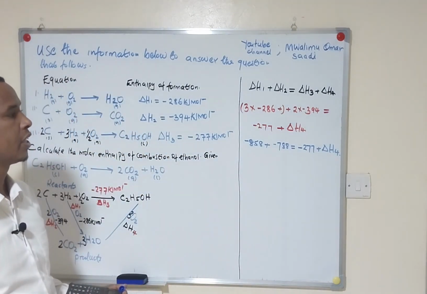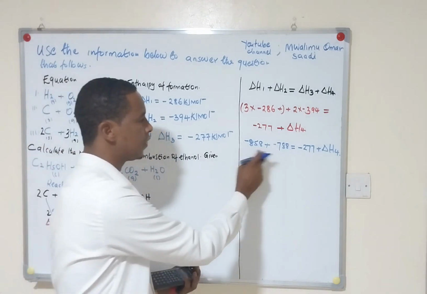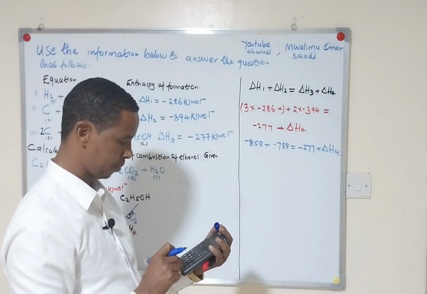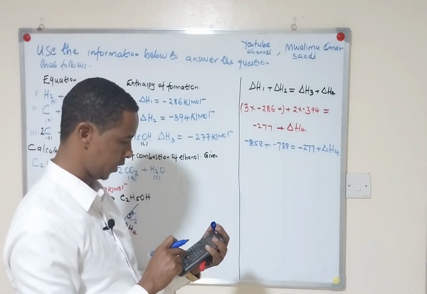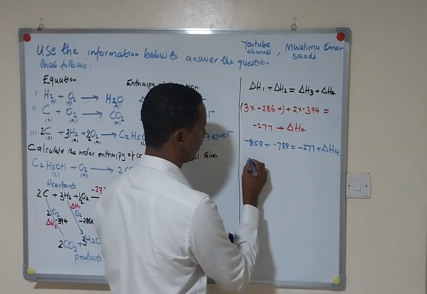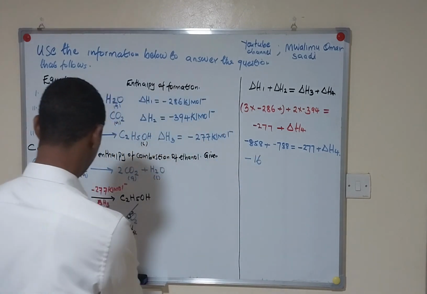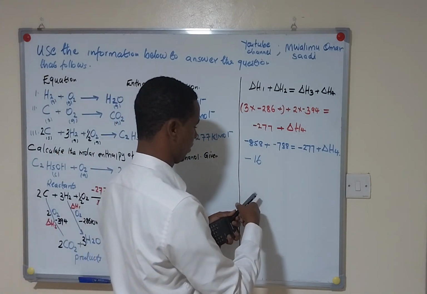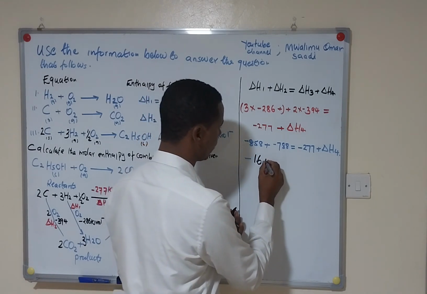To get delta H4 is very easy. First, let us add these two. Negative 858 plus negative 788 is negative 1646.